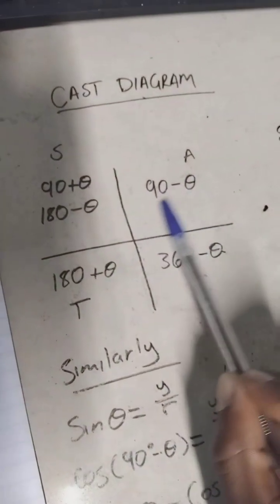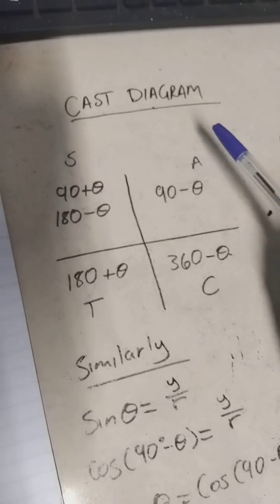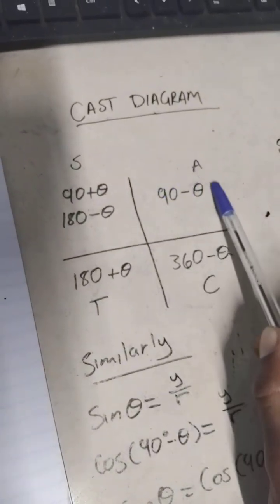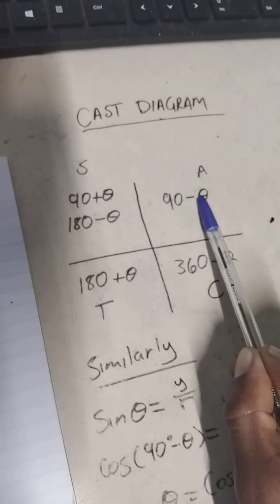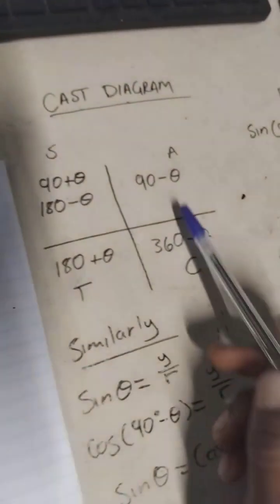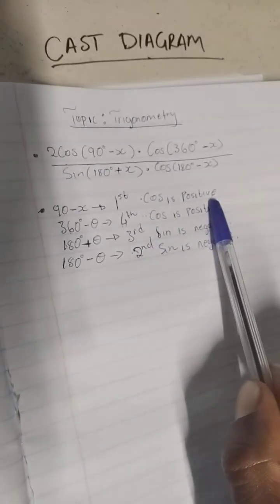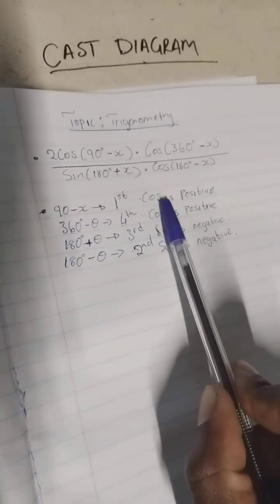On 90 minus theta, all the trig ratios are positive. Now we are going to reduce 90 minus theta into its smallest angle. I'm going to start with 90 minus x covered by cos, and it's positive.